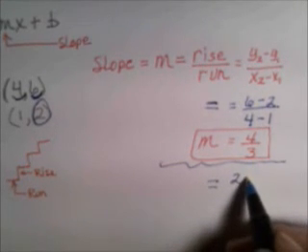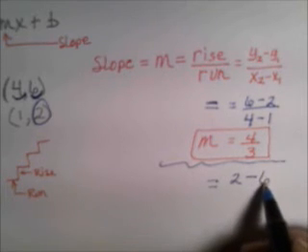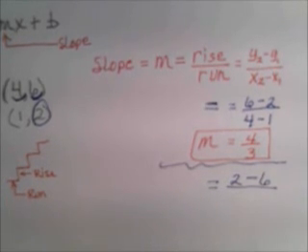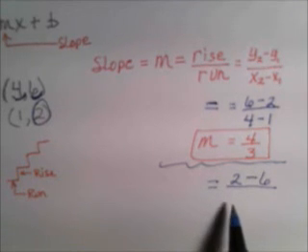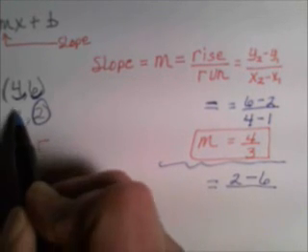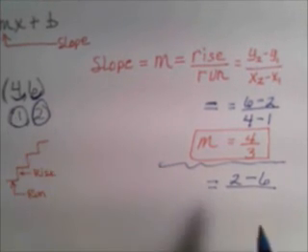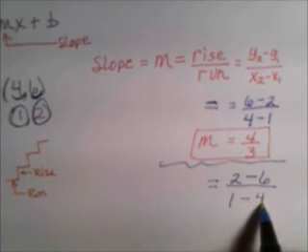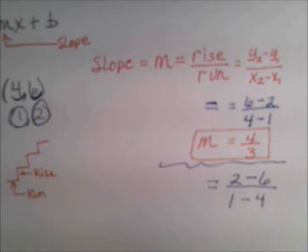And then we are going to subtract the 6. On the bottom, we have to choose the x value from the same pair that we chose the 2 from. So we're going to choose the 1 and subtract the 4.